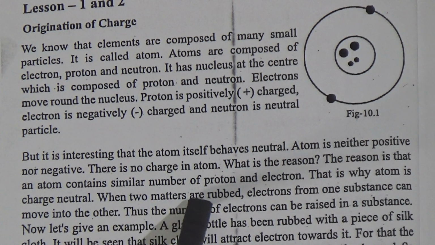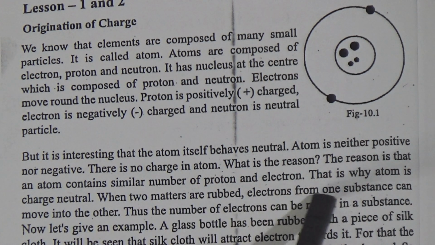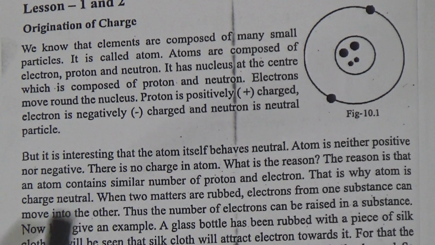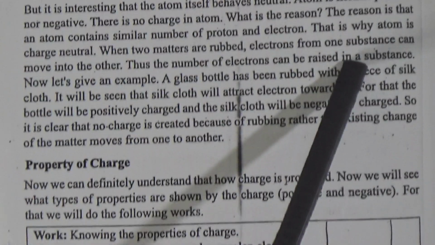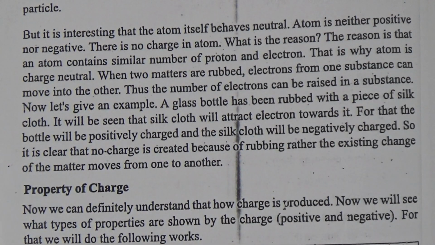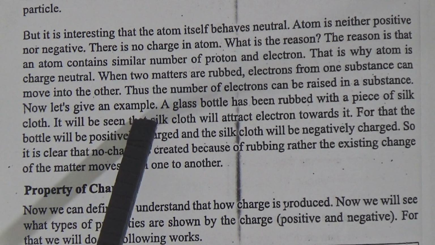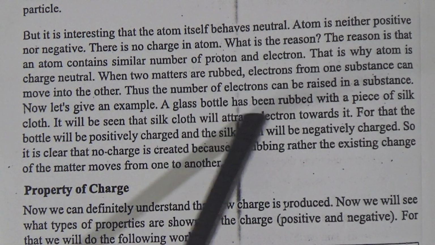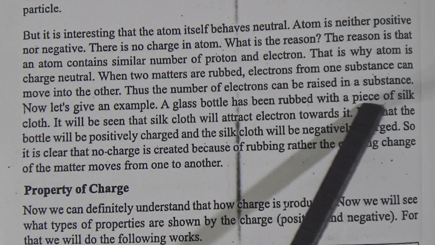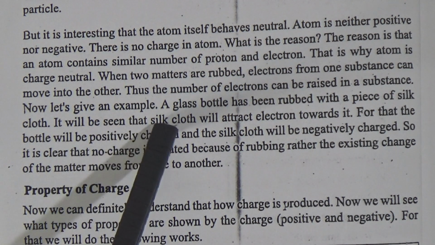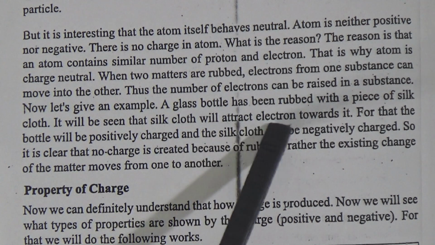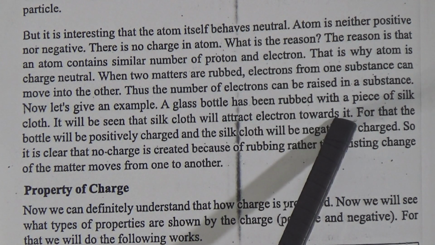When two matters are rubbed, electrons from one substance can move into the other. Thus, the number of electrons can be raised in a substance. Now, let's give an example. A glass bottle has been rubbed with a piece of silk cloth. It will be seen that silk cloth will attract electron towards it.